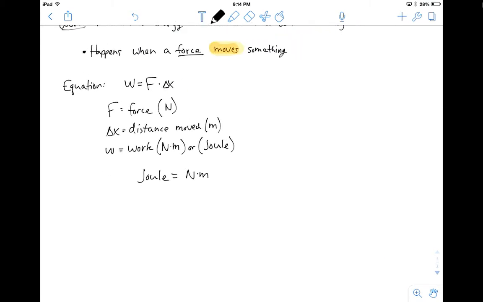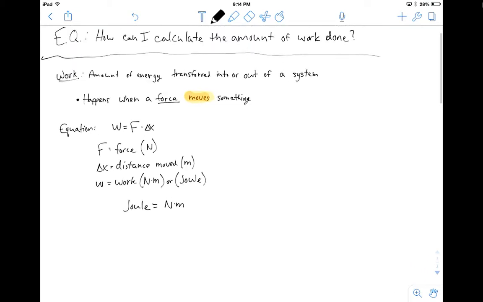We now have a unit that we can use for energy and for work. Remember, work is just an amount of energy. So 1 joule is just 1 newton times 1 meter. Okay, so we've got that.